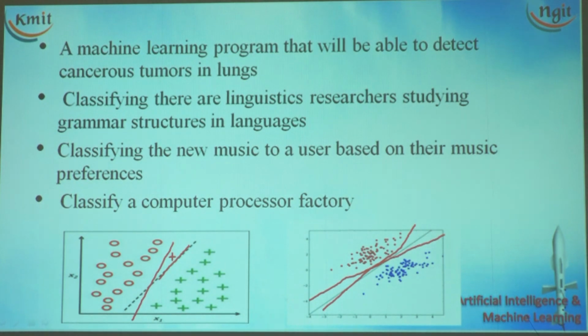Instead of taking a single line, you just give some margin. If it is within the margin, it is okay, allowed. Allow it to misclassify, no problem, so that overall we will get good accuracy if you leave one or two.